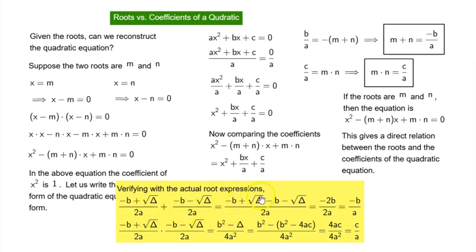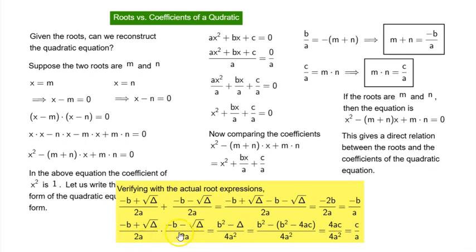So minus b plus square root of delta minus b minus square root of delta divided by 2a. Here square root of delta gets cancelled and we have minus 2b by 2a, which is equal to minus b by a. So the sum of the roots is equal to minus b by a.